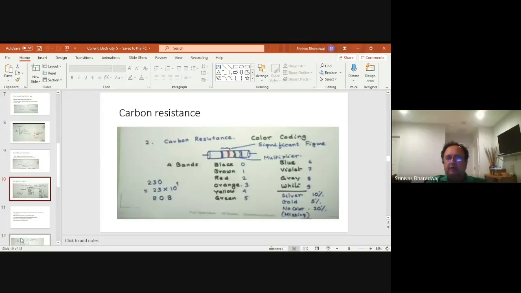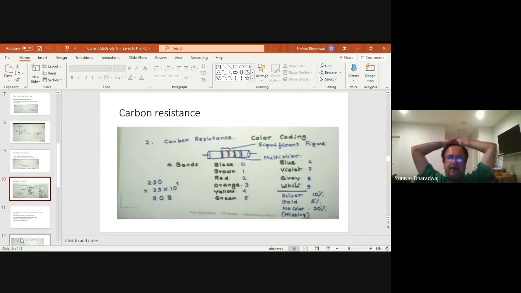Okay, and so on and so forth. Now you have 4 bands. Two bands typically represent the significant figure, and then you have 2 bands which reflect the multiplier.